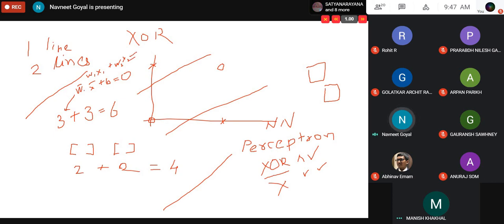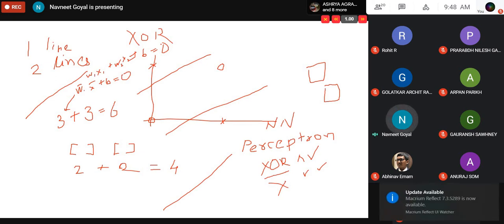In vector form, we typically write it like this. Sir, we can just divide this equation by w2. Yes, we can do all of that. So it doesn't matter.